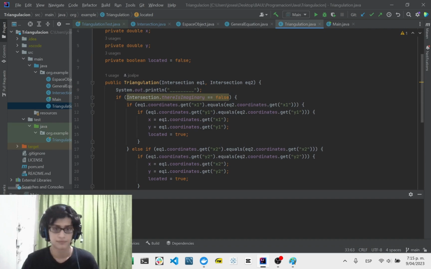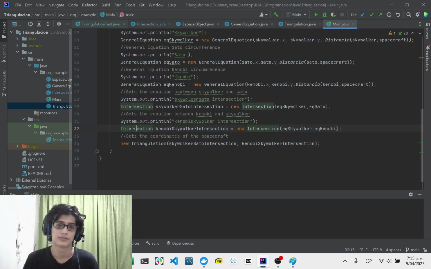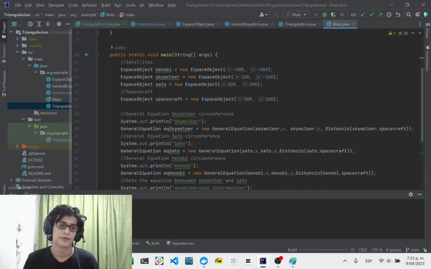That's all. So let's try this. I have the position of the spacecraft. That is 3. And if I change the position, I'm always going to get the position.